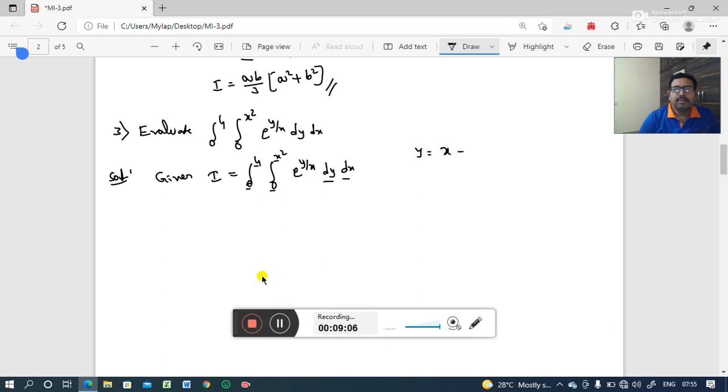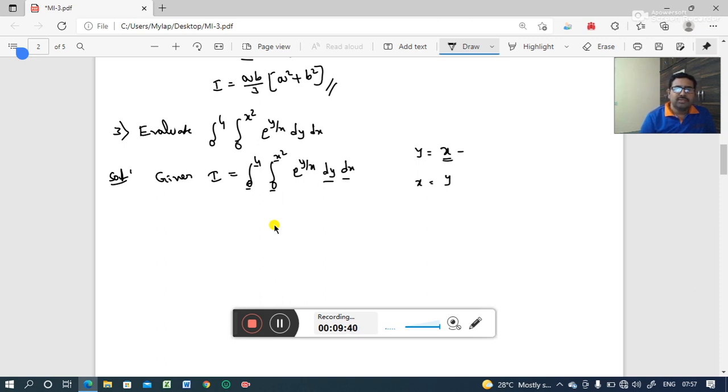If they are giving limits in terms of y, these are x limits. Suppose the given limits are in terms of x, those are the limits of y. If the limits are given in terms of y, those are x limits. So then we shall identify here.